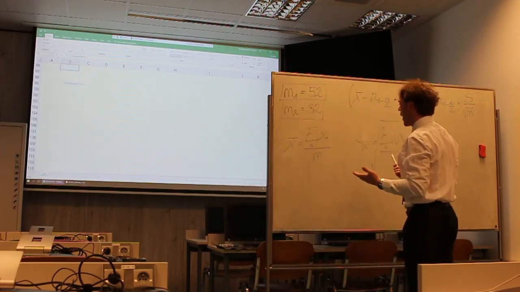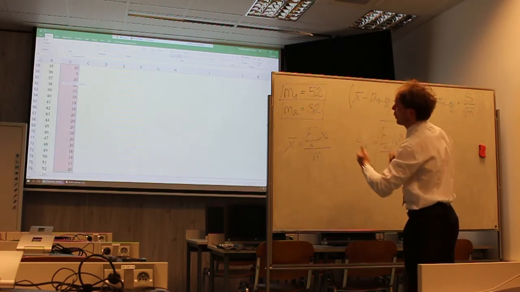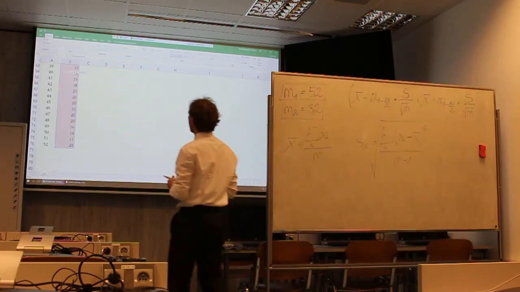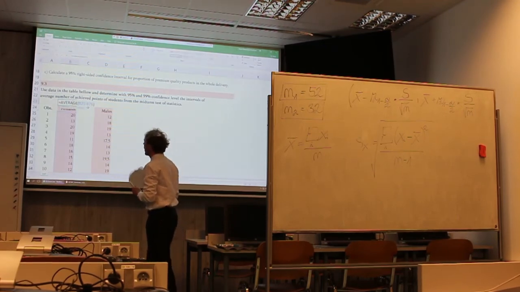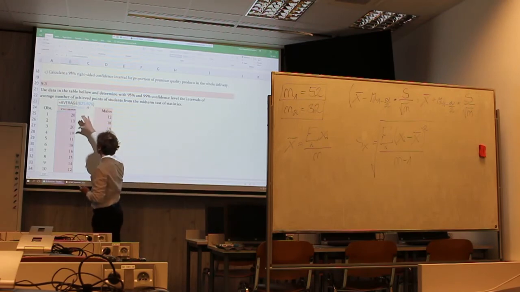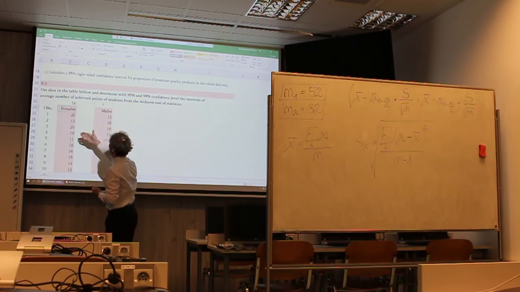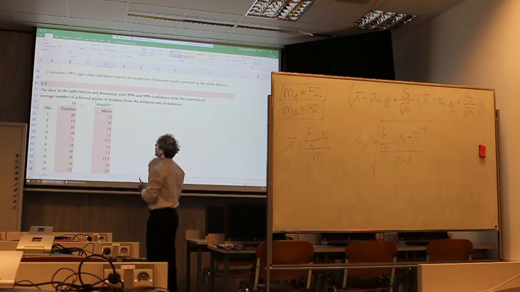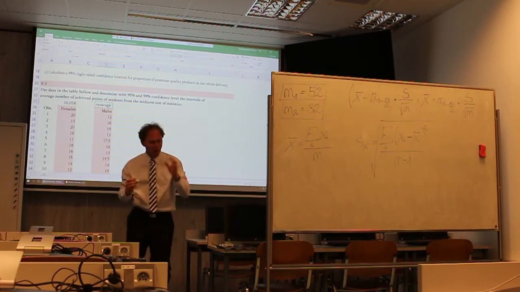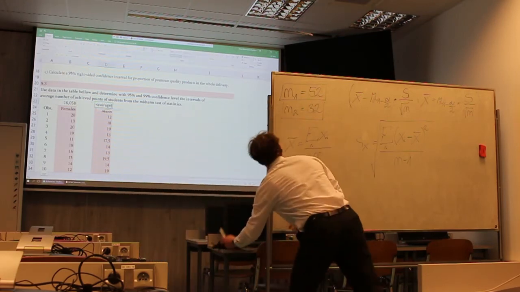So we will calculate two means, two averages. We can use the classical function equal sign average, and select 52 values. Average with 3 decimals is 16.058.